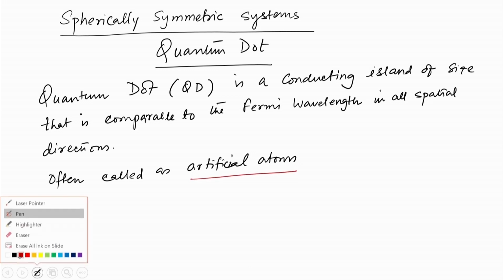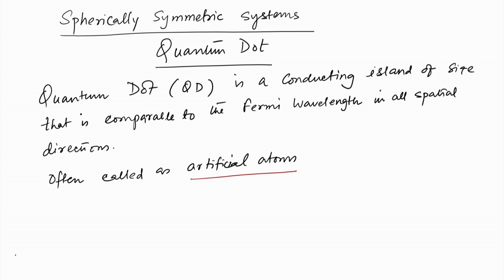So, it is comparable to the atomic dimensions. We will compare dimensions, but these QDs, the quantum dots, are called artificial atoms. The sizes, of course, are bigger.